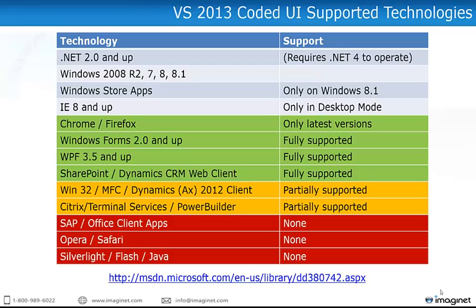Examples of applications that are not supported are SAP and Office Clients apps, Opera and Safari, Silverlight, Flash, and Java. For more details, you can go to the link on the bottom of this slide. Also note that third-party controls, like Telerik controls, may or may not be supported depending on the vendor.